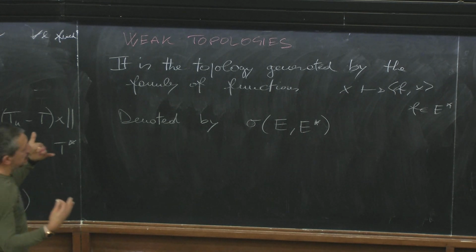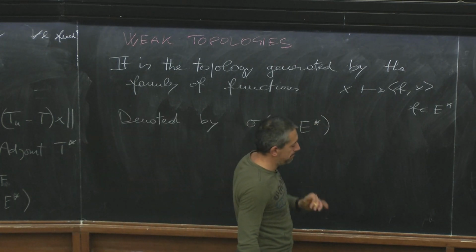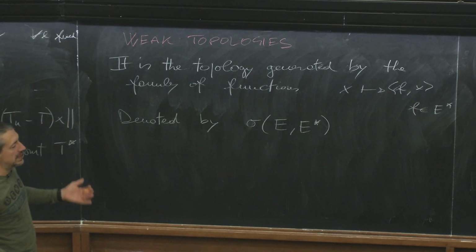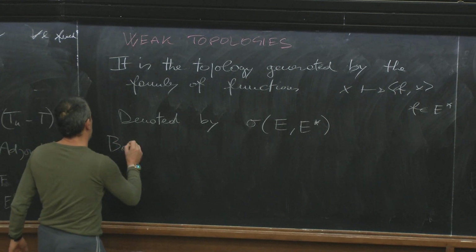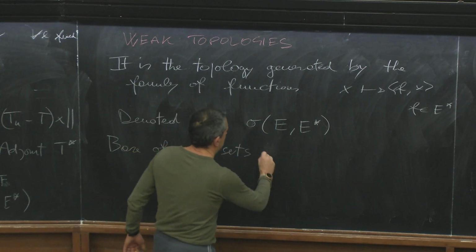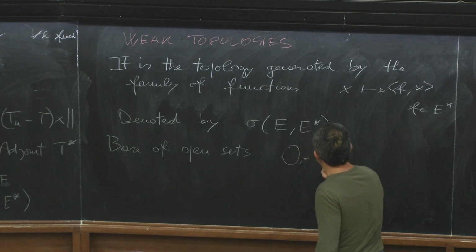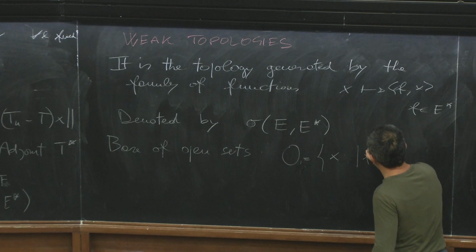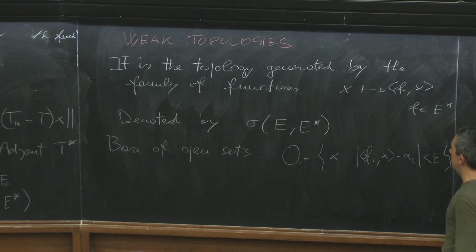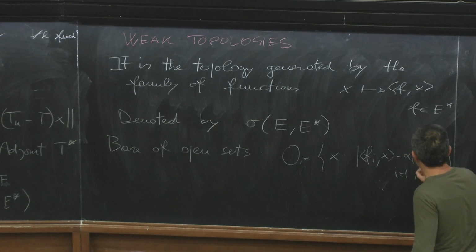Essentially it is the weakest topology which makes all these functions continuous. Now there is some general theory, for example a base of open sets is given by all the x such that |fi(x) minus alpha i| is less than epsilon, where i is finite, from 1 to n.